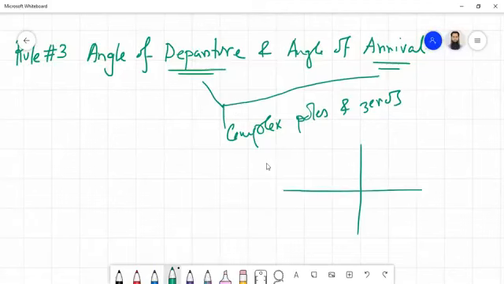So we have a pole here, we have a pole here, or maybe we have a zero here, we have a zero here. You can also have a pole here, a zero here. So we know that this segment here is on the root locus.